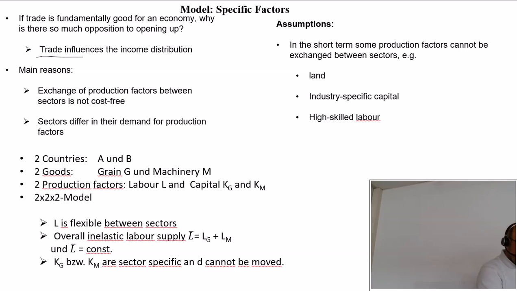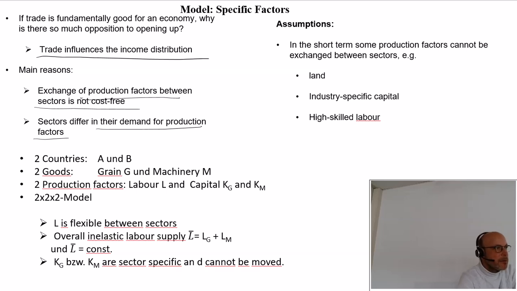So trade, of course, influences the income distribution, and the reason is that the change of production between these sectors is not cost-free. This cost-free assumption we made in the Ricardo model, and about this I have also already talked. We have different production factors and therefore we have a change in the demand for the production factors.